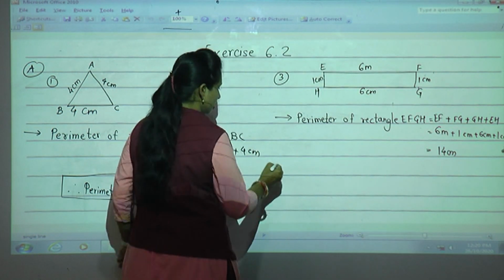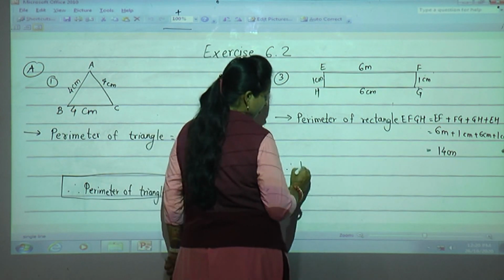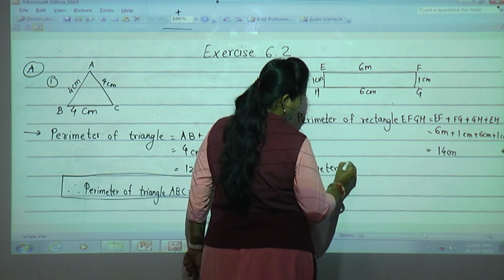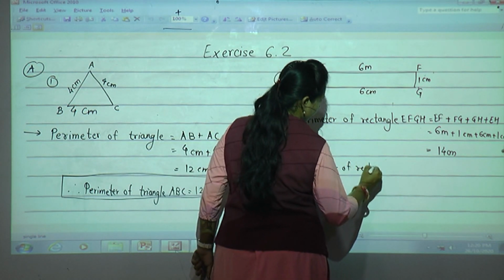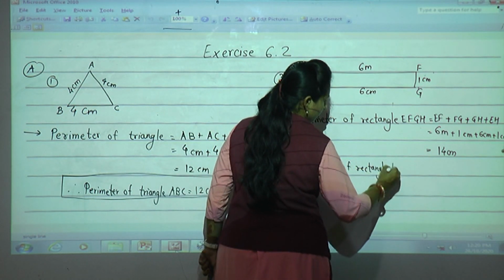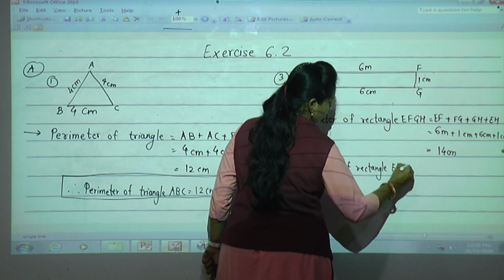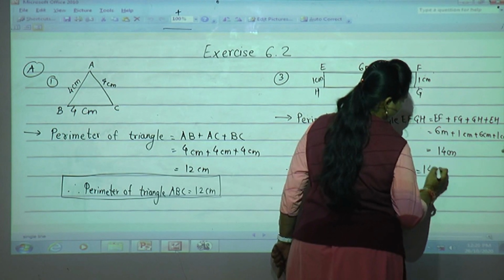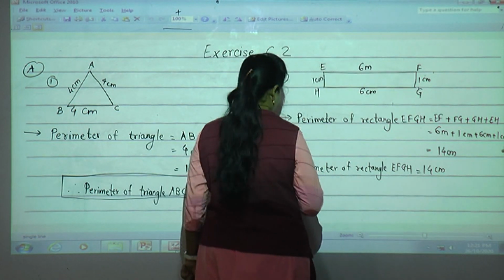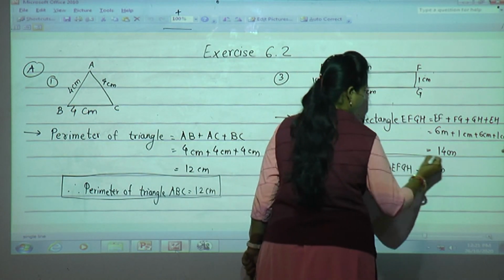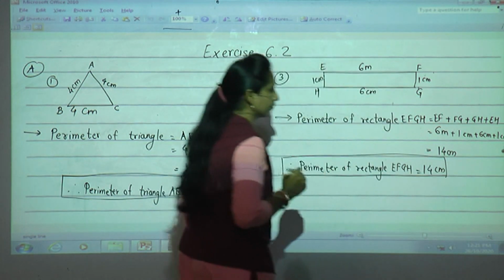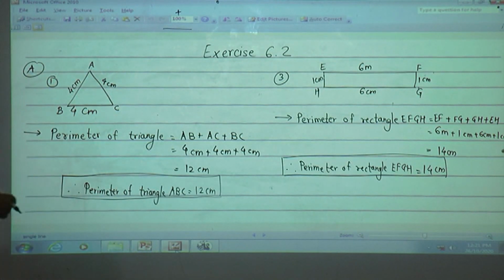Thus, see, write the answer. Perimeter of rectangle EFGH is equals to 14 centimeter. Then draw one nice box for the answer. Okay? Understood?